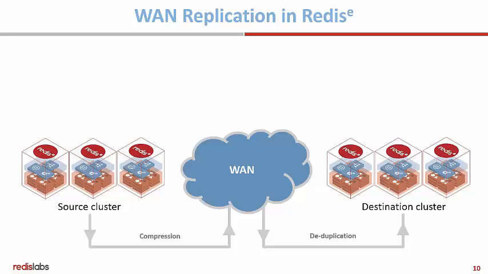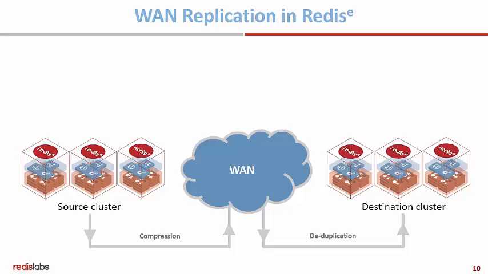So all the operations that are invoked on that source cluster get replicated over the WAN. They get compressed, and there's some deduplication logic to make things faster. And so it's asynchronously replicated over to that destination cluster. That makes it very easy if you have the need to replicate over a WAN.